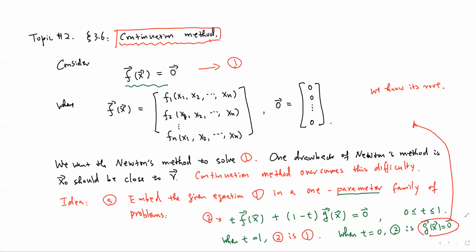Now, next step. We have a family of equations. Let me copy that family, t between 0 and 1. Now cut the interval 0 to 1 into subintervals.